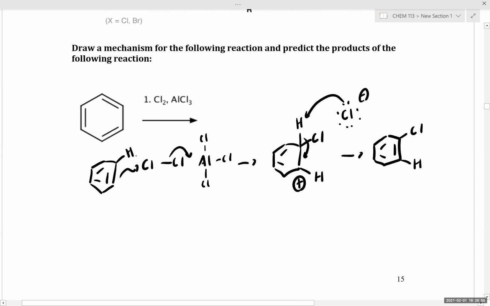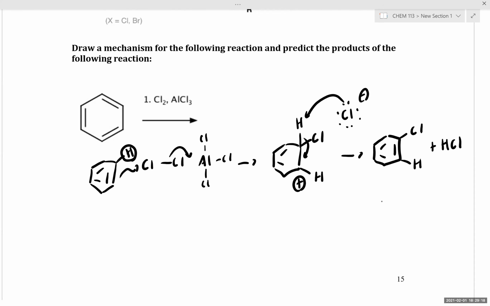So we've in effect replaced this proton with a chlorine atom. So this would be the mechanism, and this would be the predicted product for the electrophilic chlorination of benzene. Any questions on this mechanism?